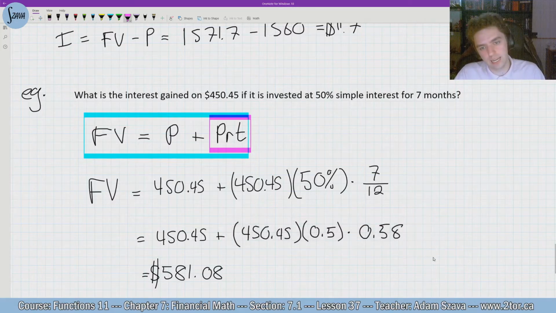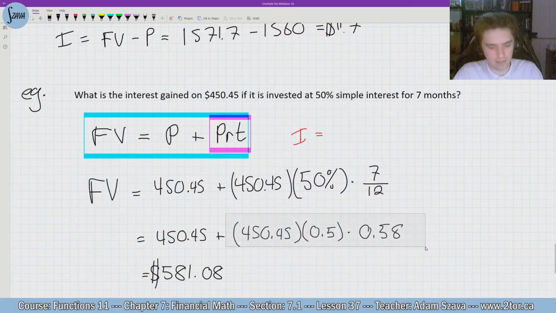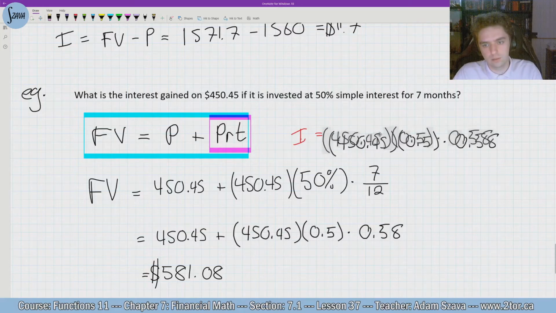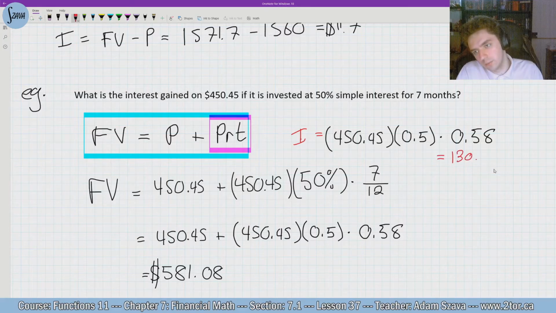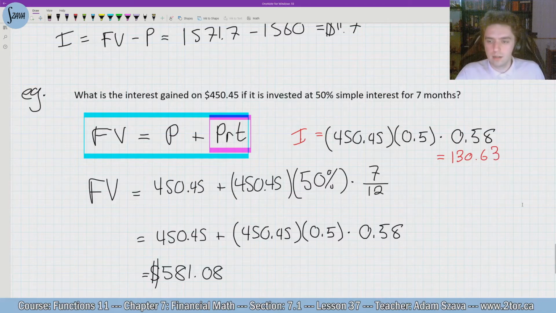And so the interest gained is just going to be the future value minus 450.45, which is 130.63. Okay, so that is our interest gain. That is the future value and all that. Okay, great.